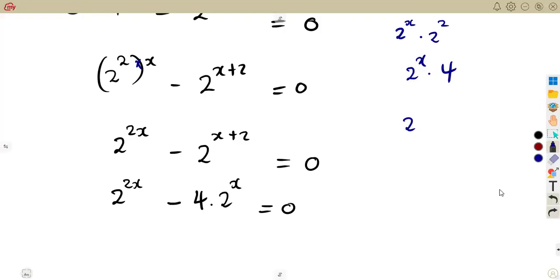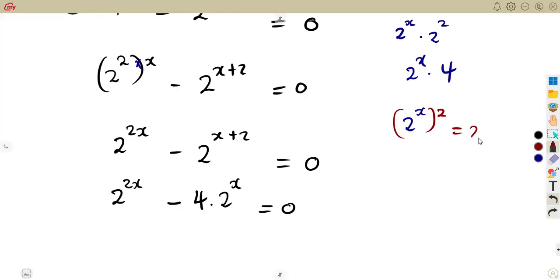We are looking into these two, and we need the one that is the smallest exponent. So that's 2 to the exponent of x, this one. Remember how it was here. These two can be interchanged, so it can be written even this way.